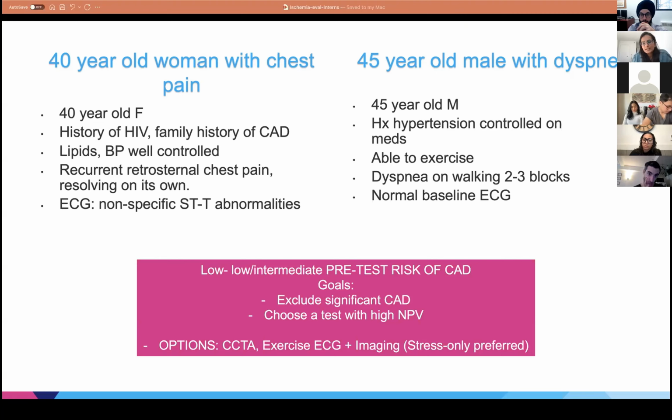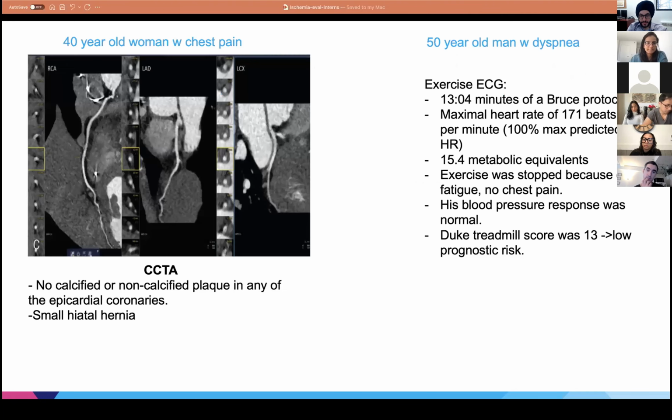The other option is exercise ECG, especially because it gives you a lot of prognostic information in terms of how the patient would do over the next few years. Imaging is not necessarily recommended for these patients. However, I'll show you examples of when we would consider adding imaging along with just a treadmill test.